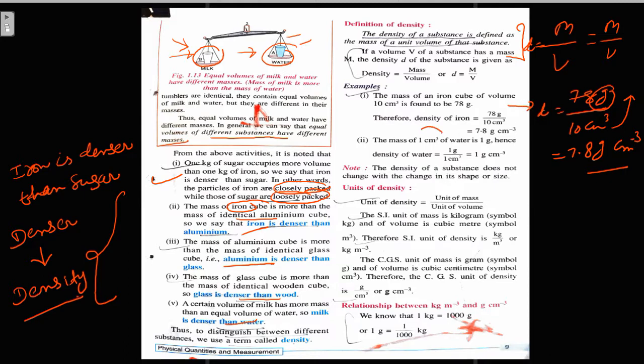The mass of 1 centimeter cube of water is 1 gram, so its density is 1 gram per centimeter cube, 1 g cm^-3.